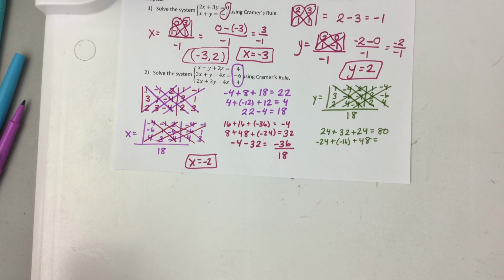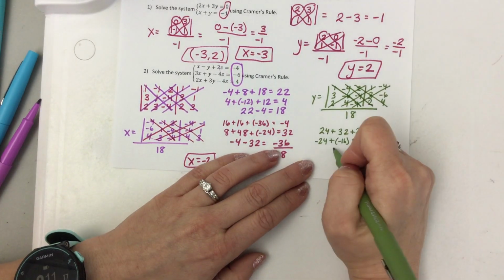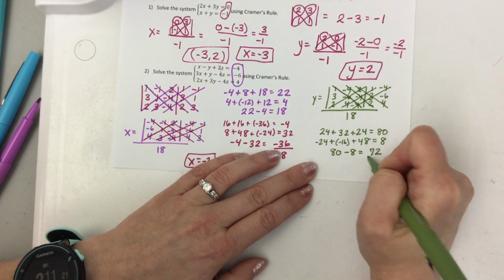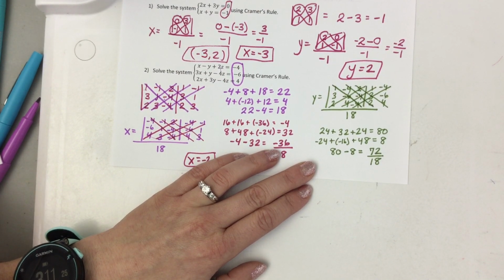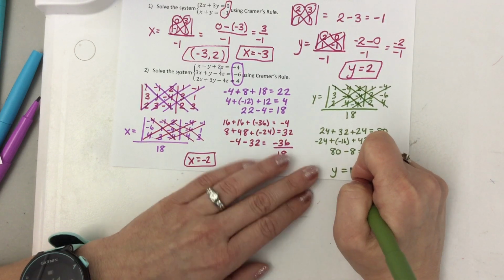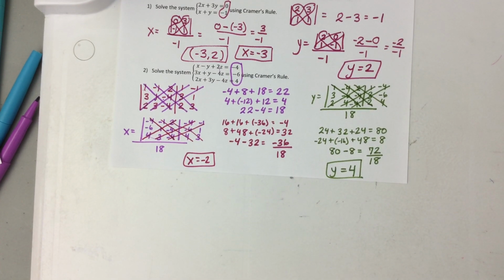Negative 24 plus negative 16 plus 48 is 8. Your determinant, I take 80 minus 8, and I get 72. Now you divide it by the original determinant, which is 18. 72 divided by 18, that's what y is. Y is 4.